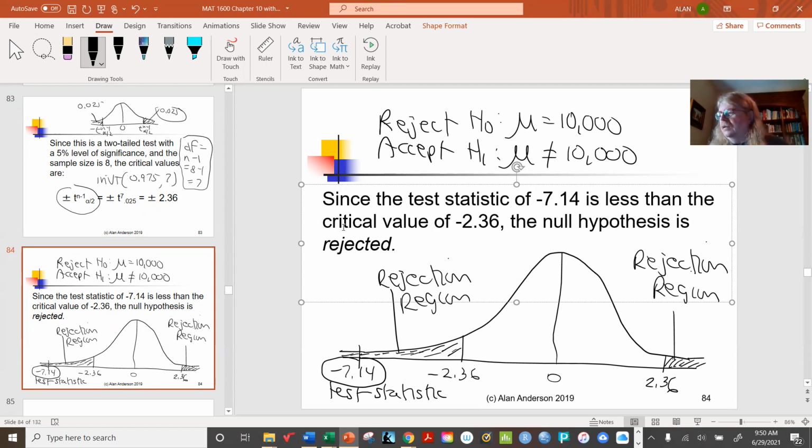Okay, so let's go to the next slide. I just have to write one thing down here. I just noticed there's a typo in my slide.